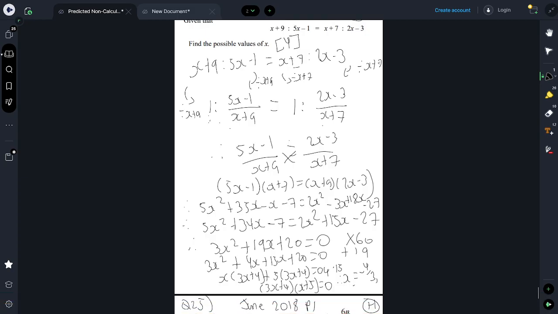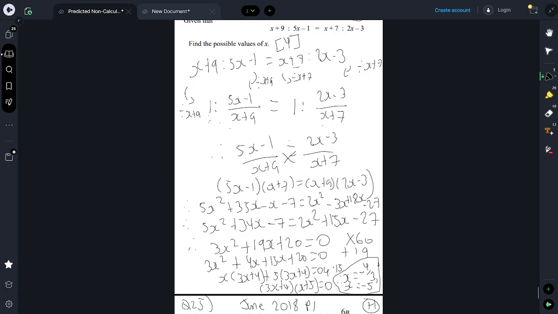Or x is minus 5, and those are your solutions to the problem, right? Sorry, it's a bit unclear, but yeah, that's what you get. Minus 5, not plus 5. Cool, so those are your solutions.